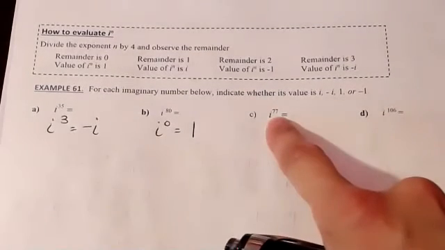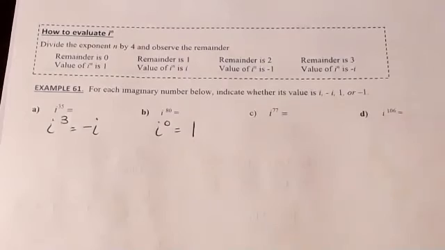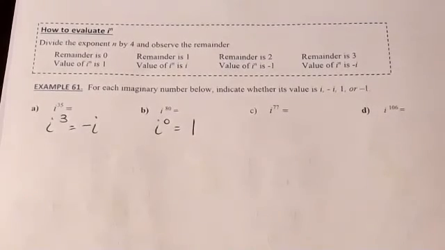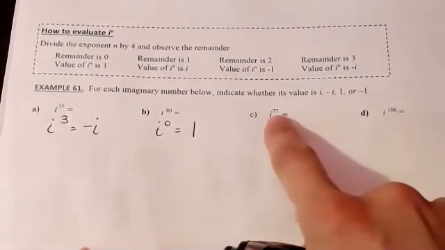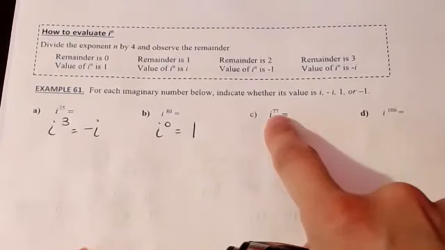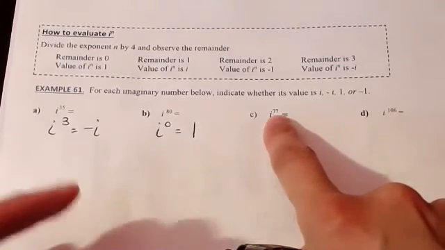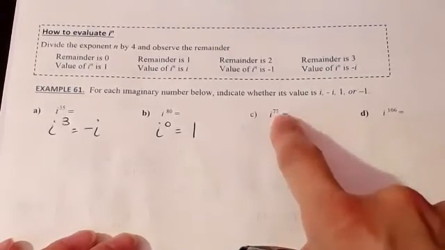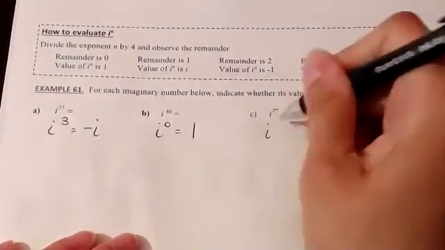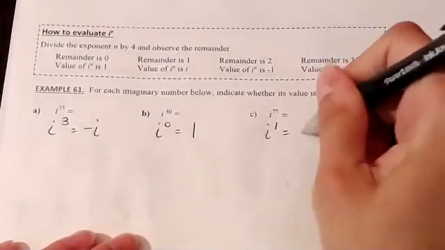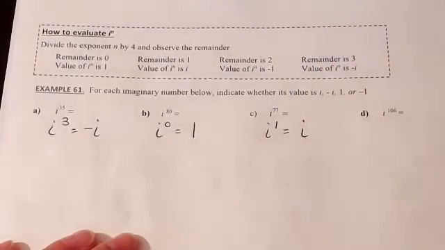Let's divide this by 4 just to see what's happening. And it's 19. So let's take 19 times 4. That gives us 76. So 76 is the highest multiple of 4 that we can have, which means there's 1 left over. And i to the first is just i.